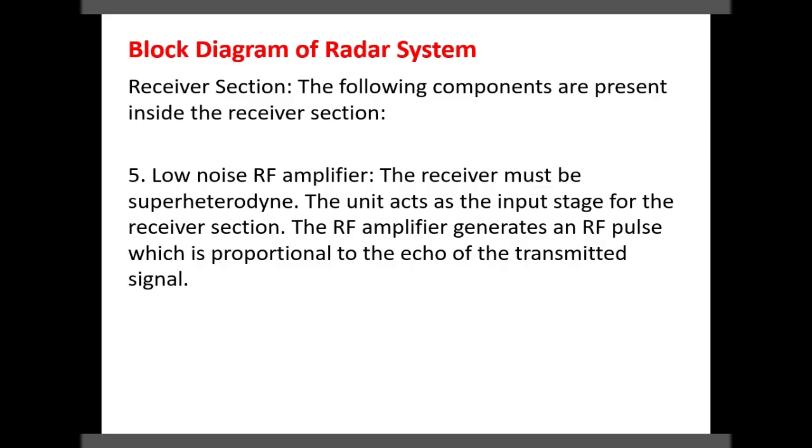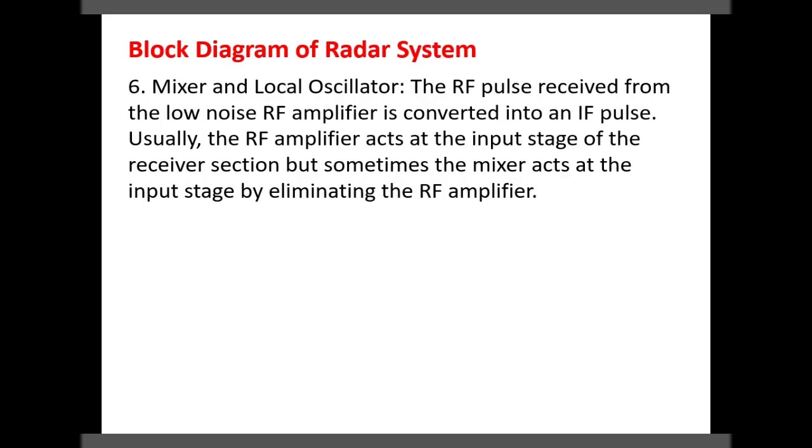The receiver must be a superheterodyne receiver, and this unit acts as the input stage for the receiver section. The RF amplifier generates an RF pulse which is proportional to the echo of the transmitted signal. The next is the mixer and the local oscillator. The RF pulse received from the low noise RF amplifier is converted into the IF pulse.